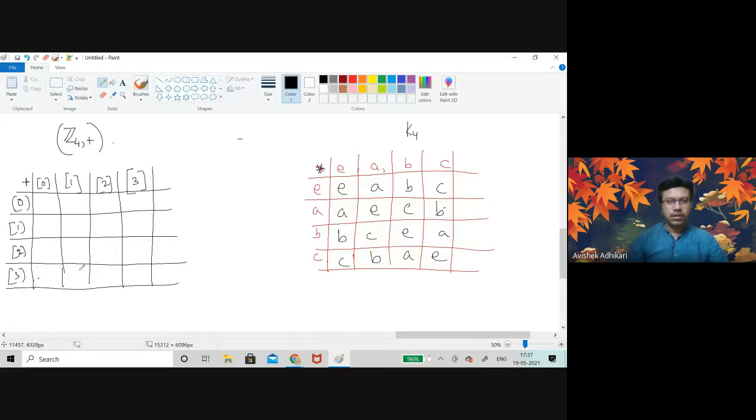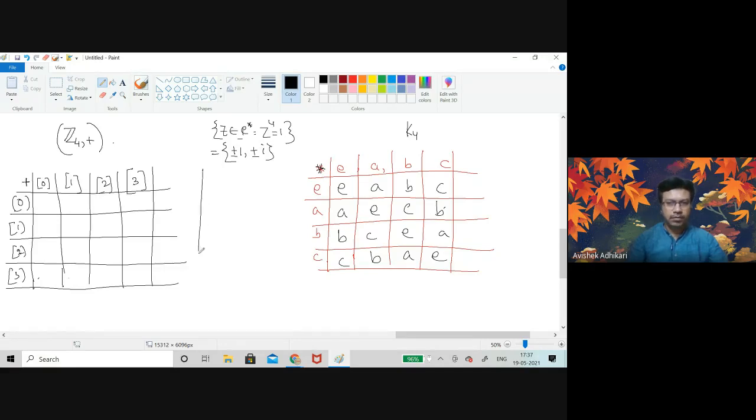Another group I will consider is the fourth root of unity. So you remember this group: all such z belonging to C star such that z to the power 4 equals 1. That means it consists of plus minus 1, plus minus i.